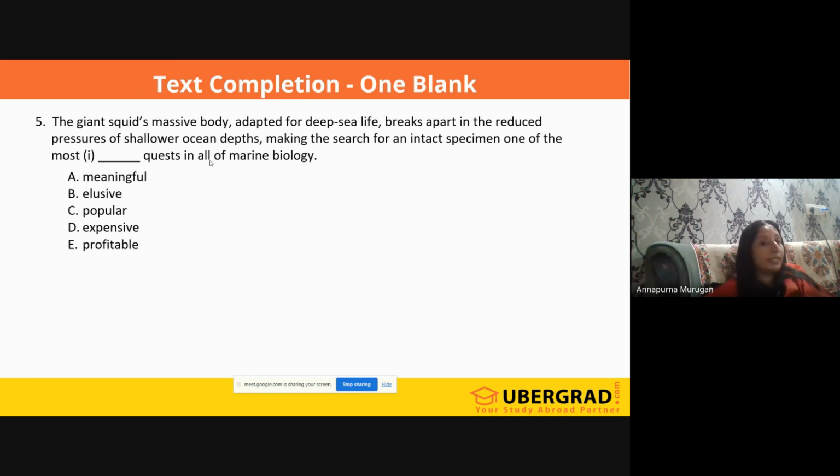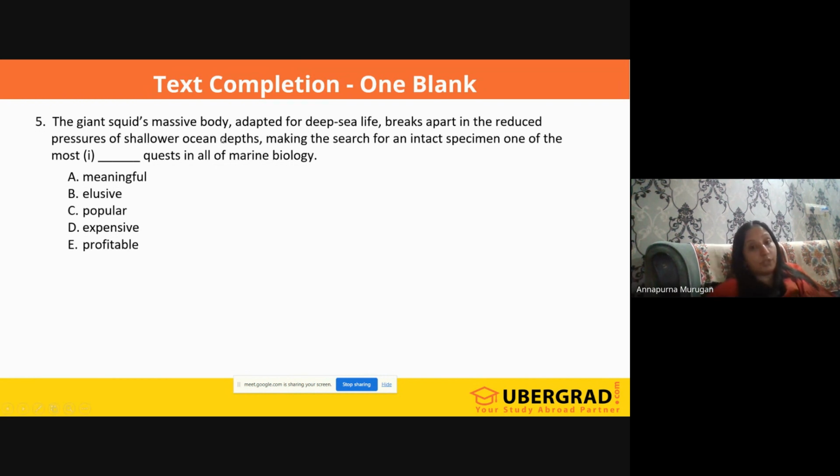The giant squid's massive body. They're talking about the squid's massive body that is adapted for deep sea life. This massive body breaks apart in the reduced pressures of shallower ocean depths, that means not so deep.